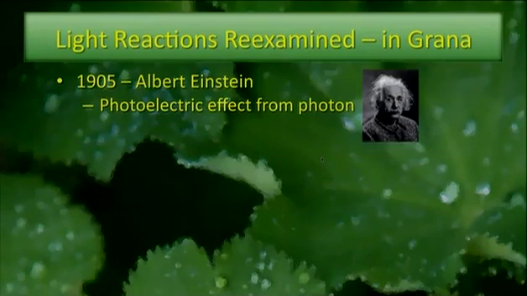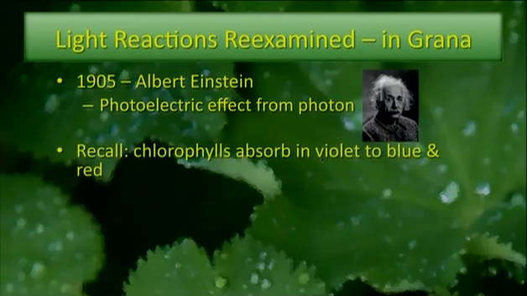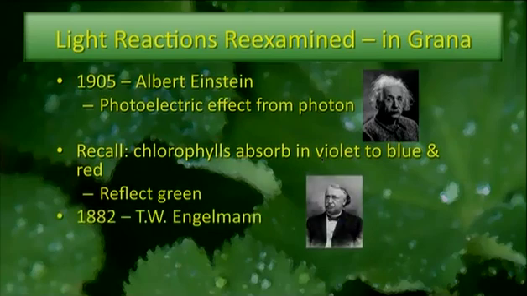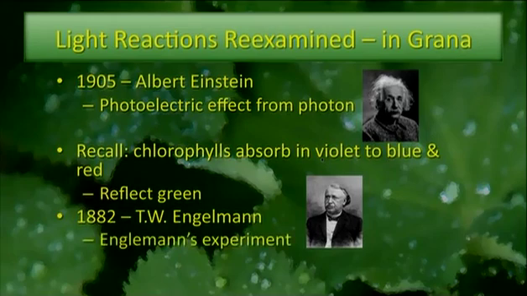Remember we talked about photons a little bit earlier. Recall that chlorophylls absorb in the violet to blue and also the orange-red to red, and reflect green. That's why leaves look green to us. This was demonstrated ingeniously in 1882 by T. W. Engelmann, who performed what is called Engelmann's experiment.